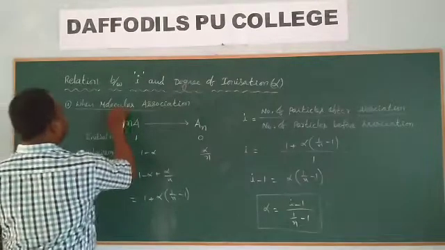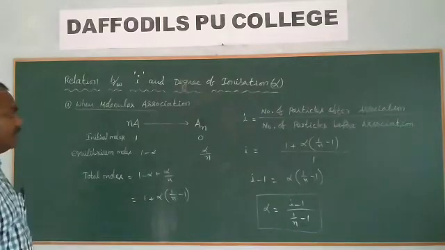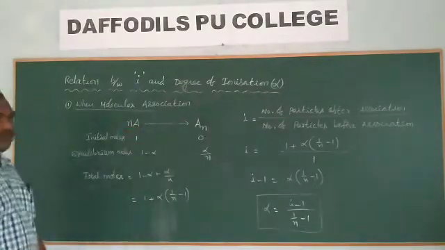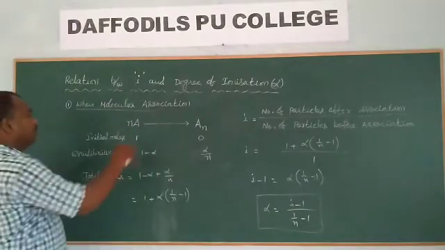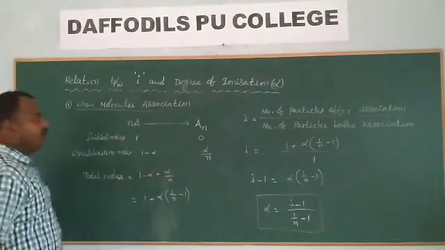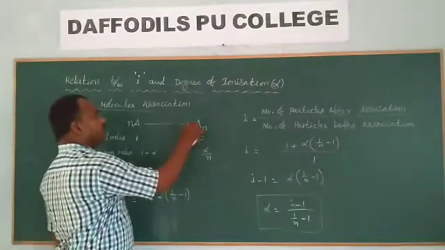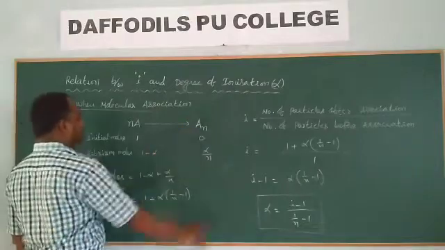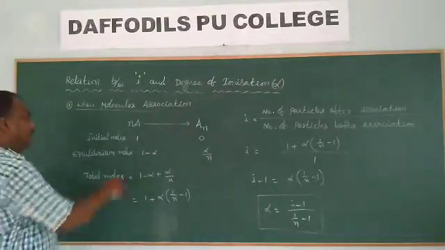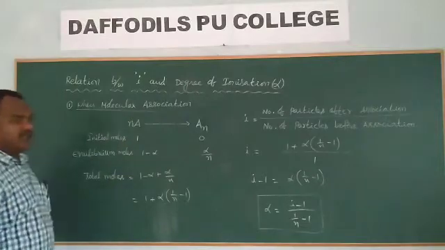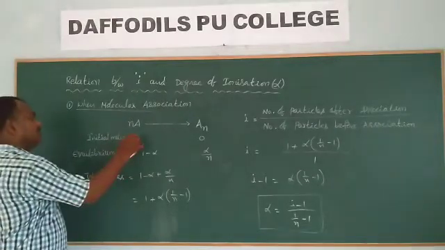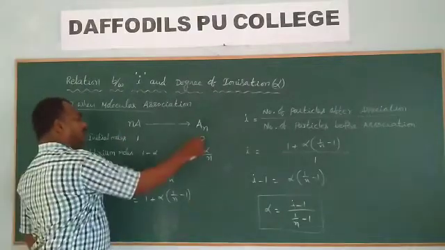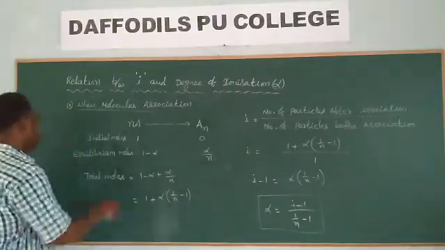Look at this once again. When molecular association is taking place, I am considering an equation in which n molecules of A undergo association to give one molecule of A_n. At the initial stage of the reaction, the number of moles of A is taken as 1, and the product moles are 0.